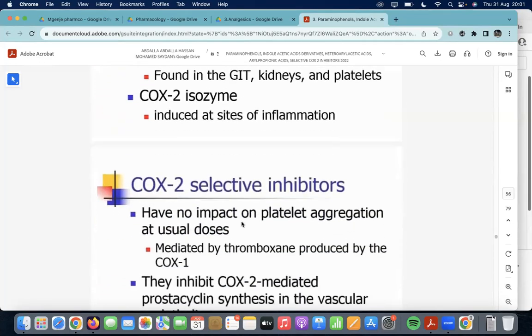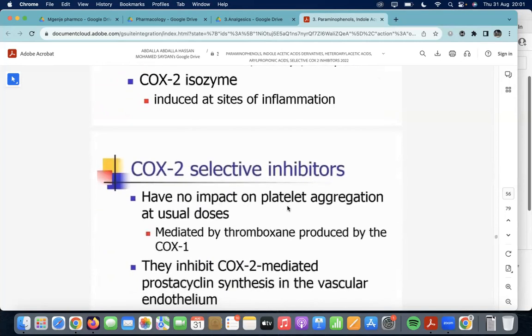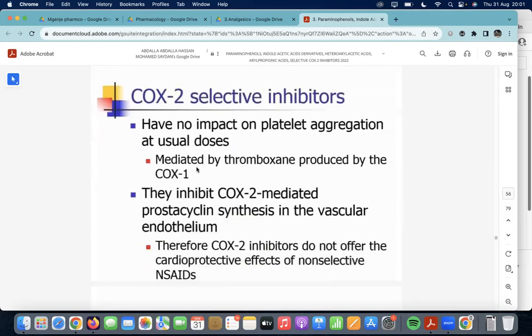So they have no impact on platelet aggregation at usual doses, which is mediated by thromboxane produced by the COX-1 isoenzymes. They inhibit COX-2 mediated prostacyclin synthesis in the vascular endothelium.